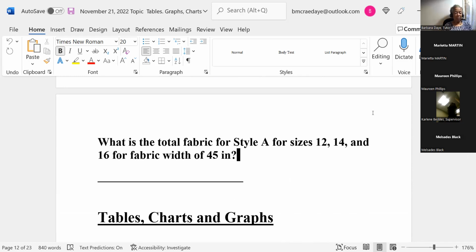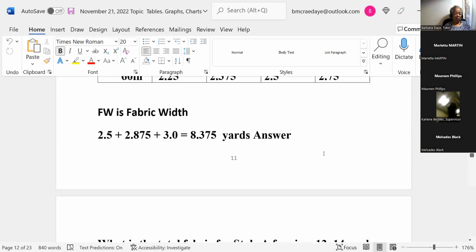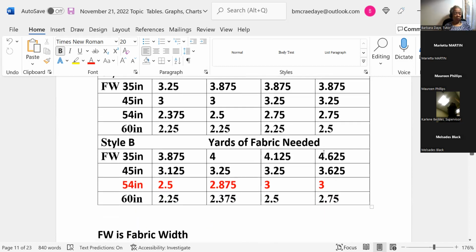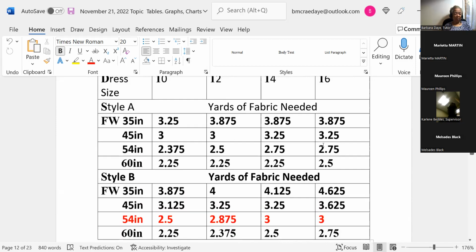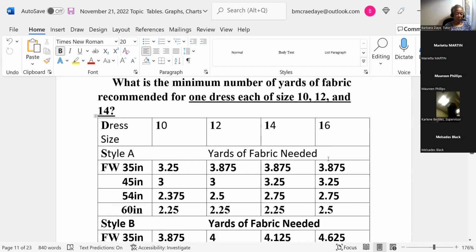Okay, so find the total fabric for style A, sizes 12, 14, and 16 for fabric with 45 inches. So here's the table. Style A, size 12.